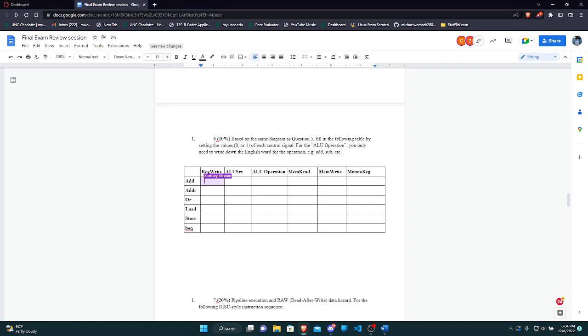First we have add, and you should know the format for add is RD, RS1, RS2. Since it has a register destination, that means it writes to a register, so that's 1.